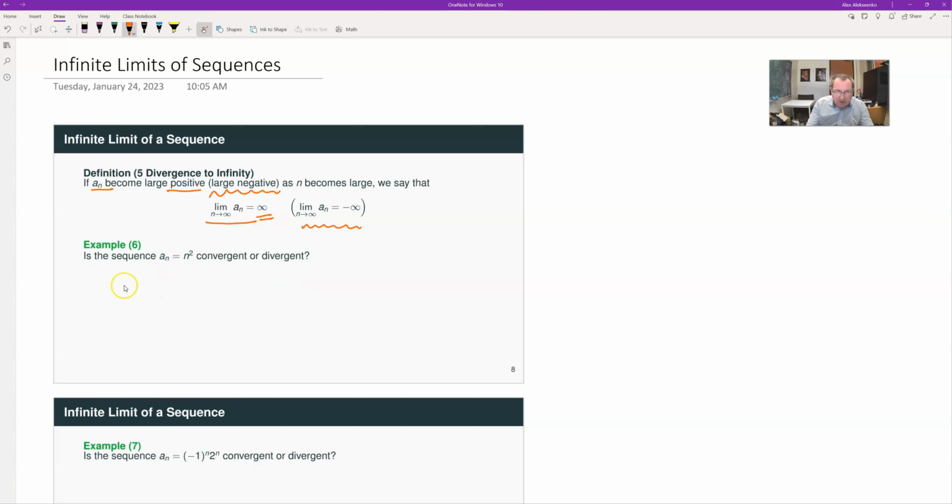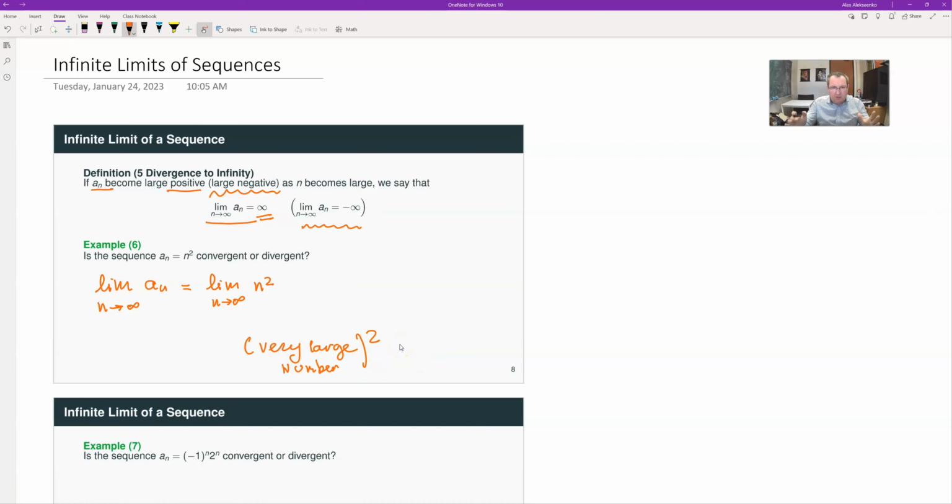So let's take a look at an example. For example, we have a sequence a_n, which is given by the formula n squared, and we would like to know, is the sequence divergent or convergent? Well, let's take a look. We have n squared. We have a very large number squared.